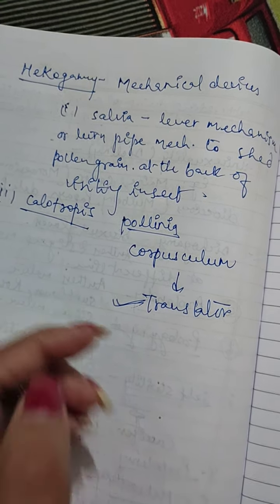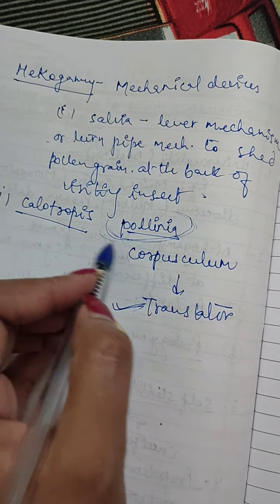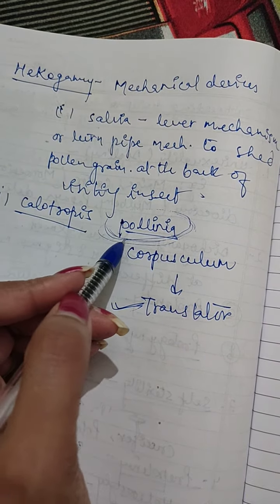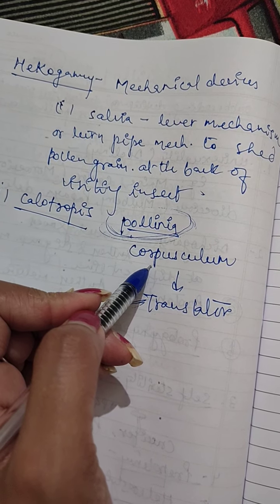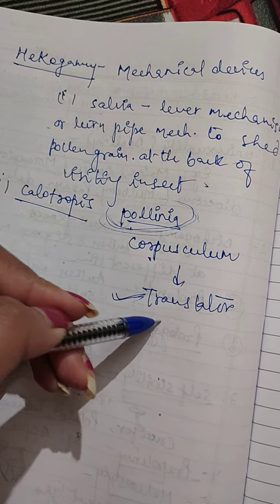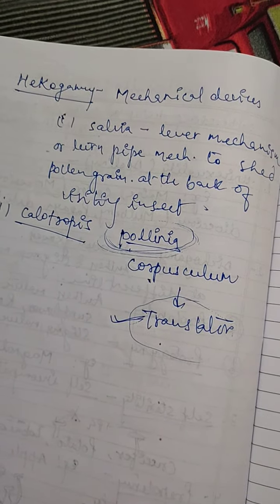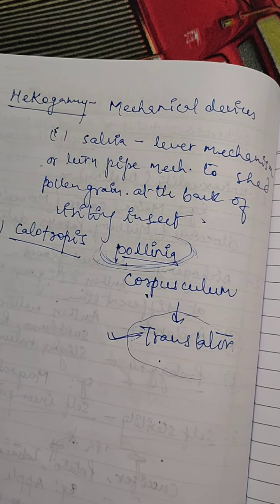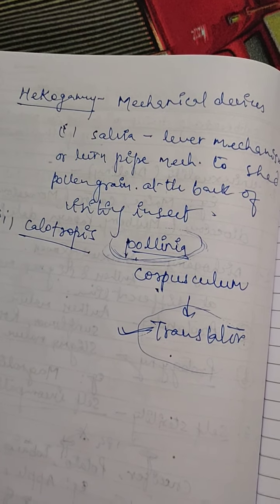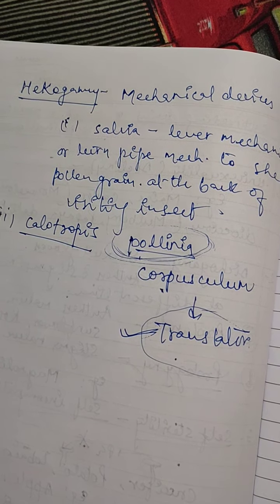So their pollen grains are gathered in a mass known as pollinia, which are joined together by corpusculum, and they form a structure known as translator, and it is only lifted up by the insect. So it increases the process of cross pollination. So it is all about the outbreeding devices.